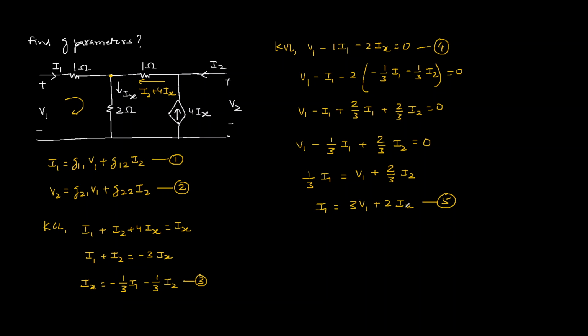It has I1, V1 and I2. Equation 1 has I1, V1 and I2. So by comparing 1 and 5, we can write G11 as 3 mho and G12 equal to 2. Now let's write another equation which contains V2, V1 and I2. For that purpose, let us apply KVL in this loop.